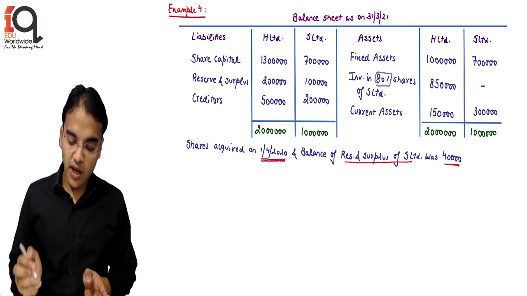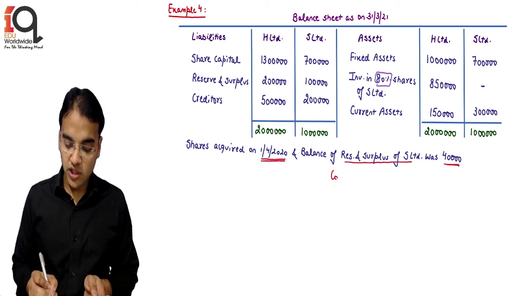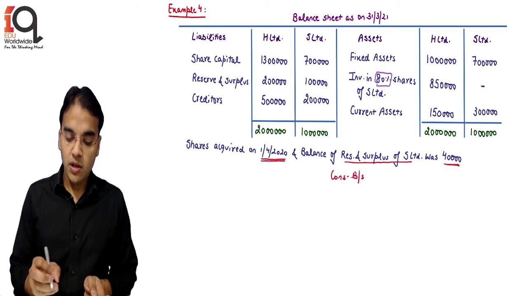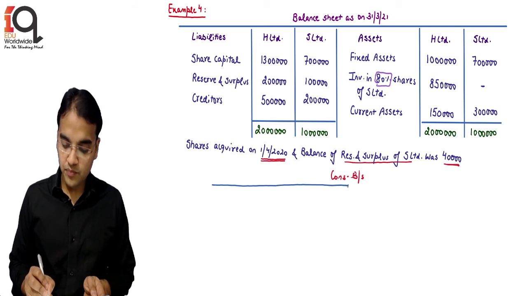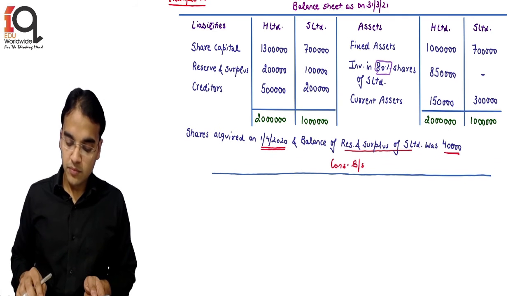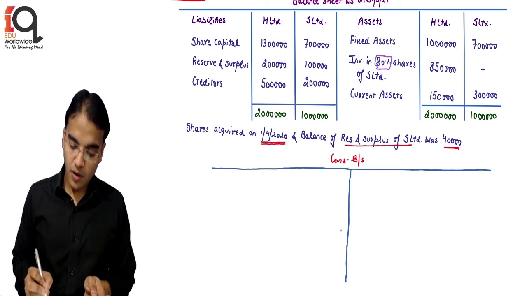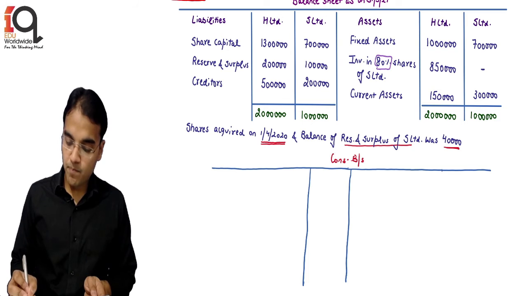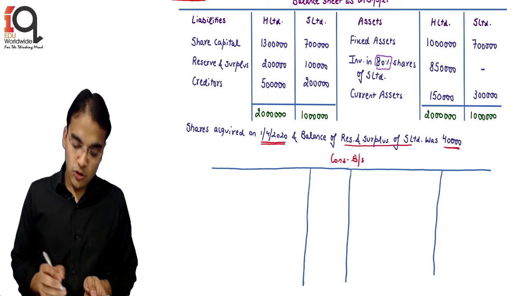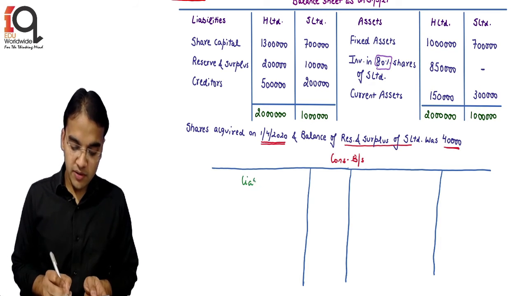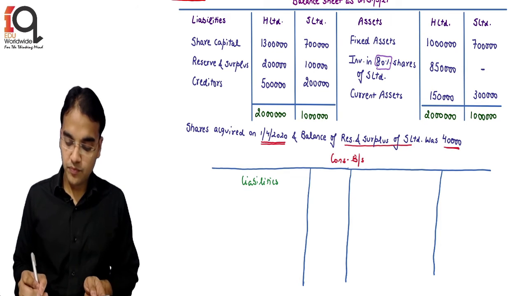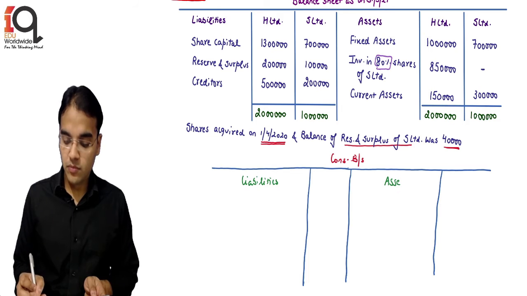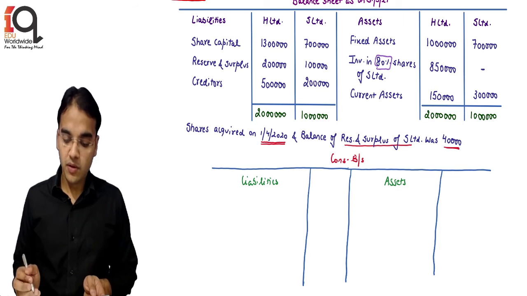So now we have to make a consolidated balance sheet. Consolidated balance sheet we have to make, student. So here it is liabilities, assets.